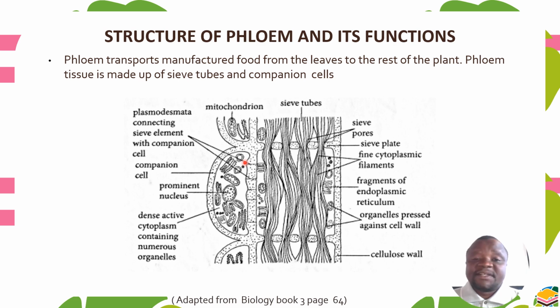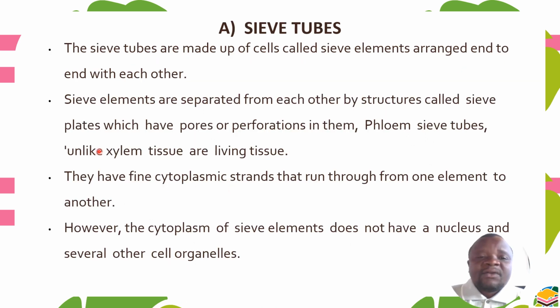For example, the mitochondrion generates energy required for the active transport of glucose from one tissue to another. So here we are just describing the structure.